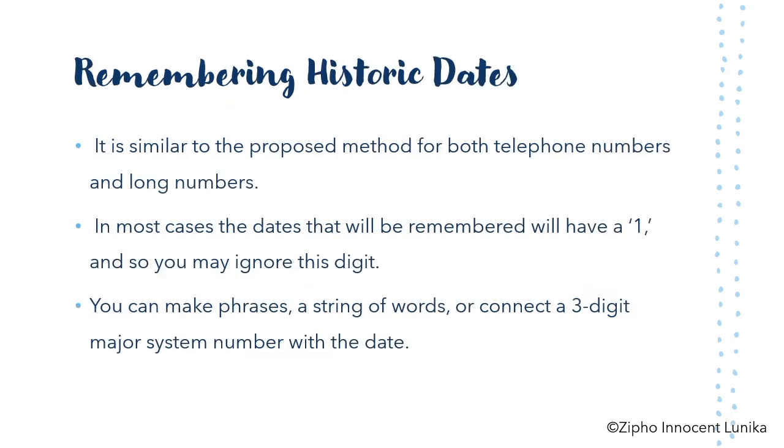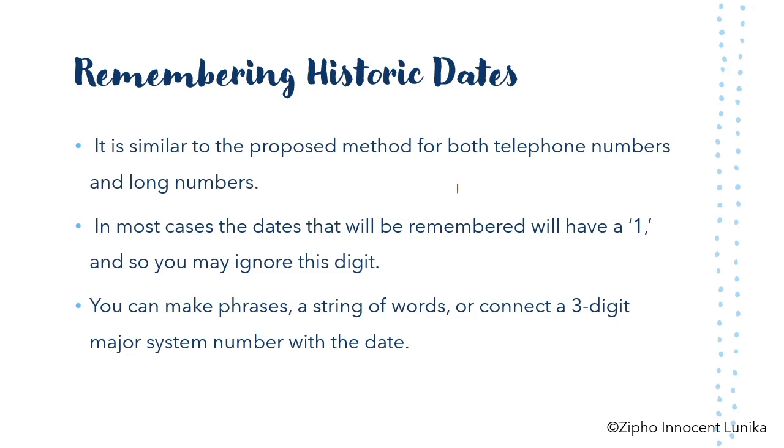So another fascinating application of the major system is the remembering of historic dates and historical events. It is similar to the proposed method for both telephone numbers and long numbers. In most cases, the dates that will be remembered will start with a 1, so we may ignore this first digit. For example, we have 1784 or something.